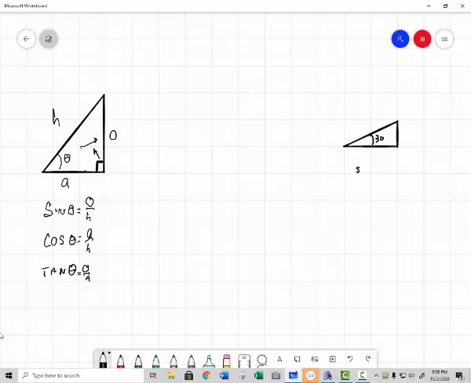Now, if the sine of 30 is a half, which is what we said, that means whatever this is, if this is 4, this has to be twice that size, because the sine of 30 is the opposite divided by the hypotenuse. And so if the opposite's 4, the hypotenuse has to be 8 in order to give me 1/2 or 0.5.